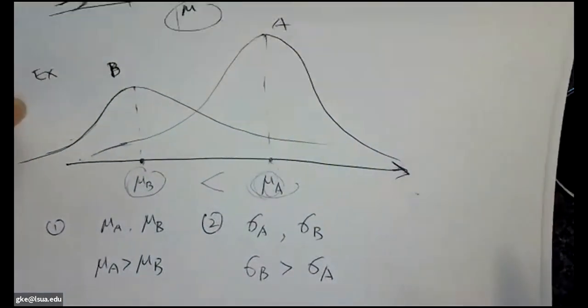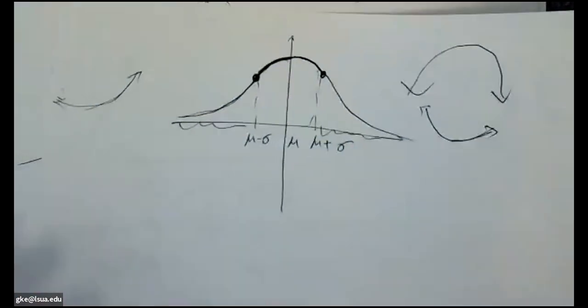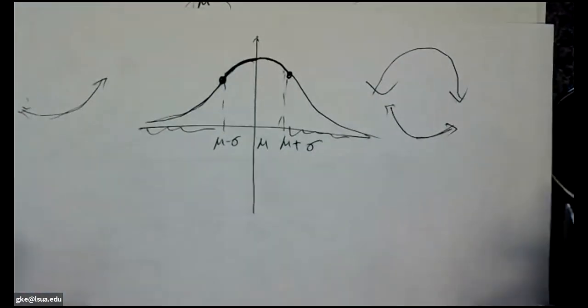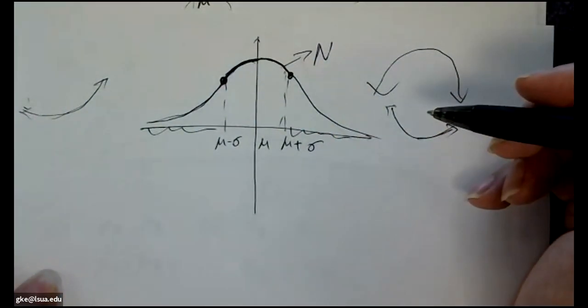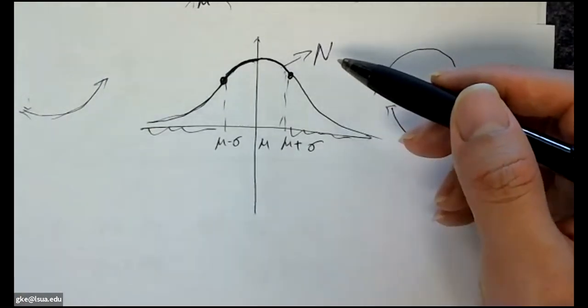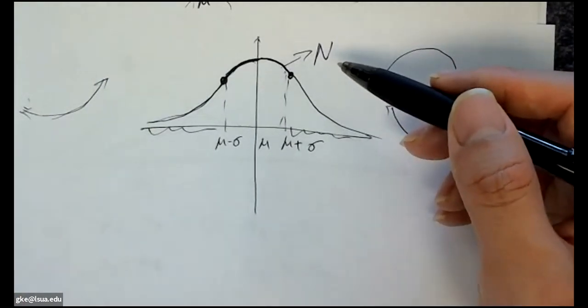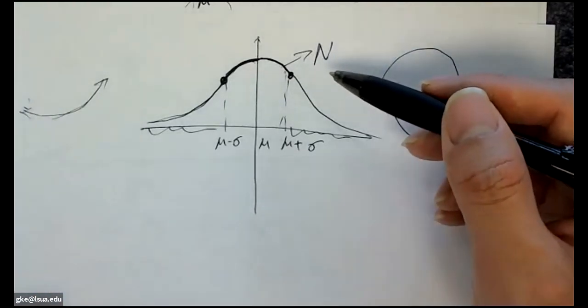Now, as we know, I give you a normal distribution. We know that this guy is N. N means normal distribution. So next time when you see a capital N, you should tell that it is a normal distribution.